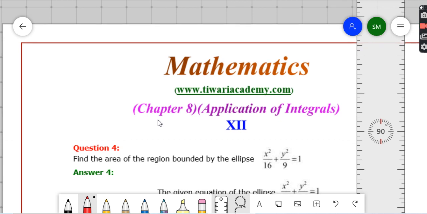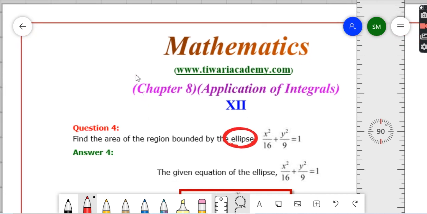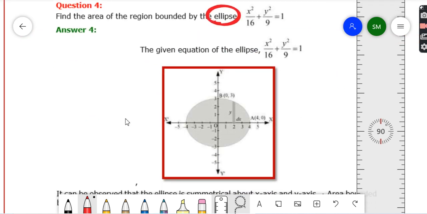You can see this is an ellipse, and fortunately it is given also, but since you know the format of an ellipse, you can see here also it is an ellipse. x square upon 16 plus y square upon 9. Now you know the standard format of an ellipse. When you draw a graph, you will get it in this form, ellipse. Alright.